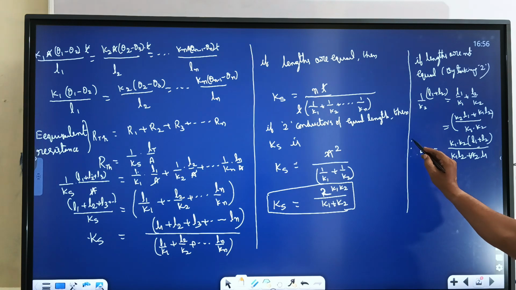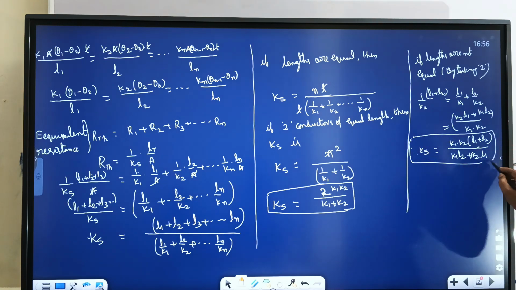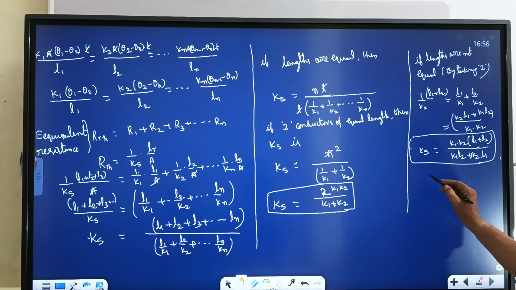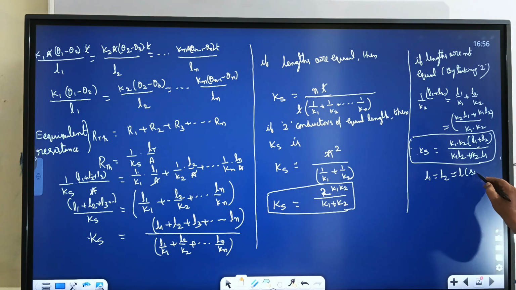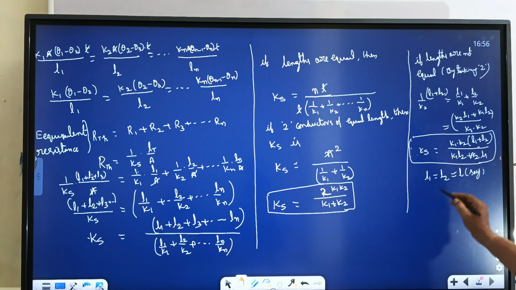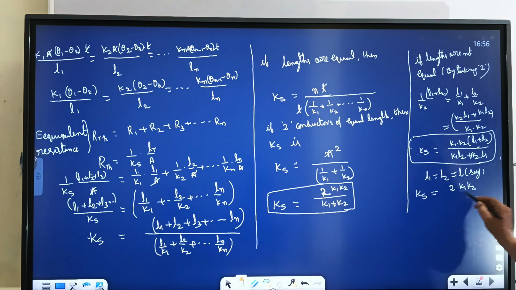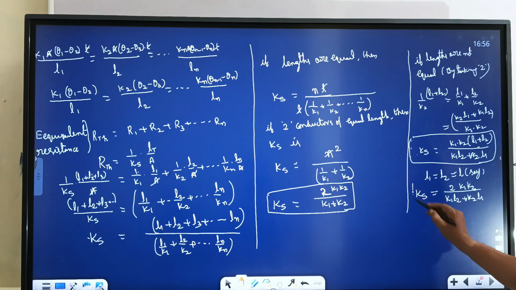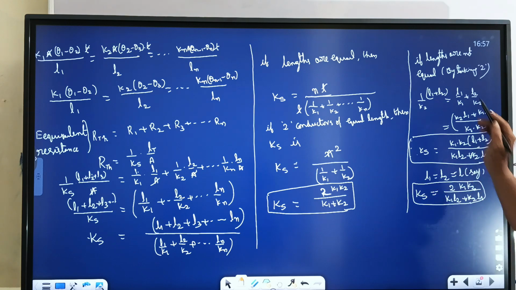That's all, I have not done anything else. Suppose the lengths are equal, L1 is equal to L2 equal to L. Then L plus L is 2L, L is common, L and L cancel, and 2 is there. Finally Ks is equal to 2 K1 K2 divided by K1 plus K2. If it is not equal, this is the formula.